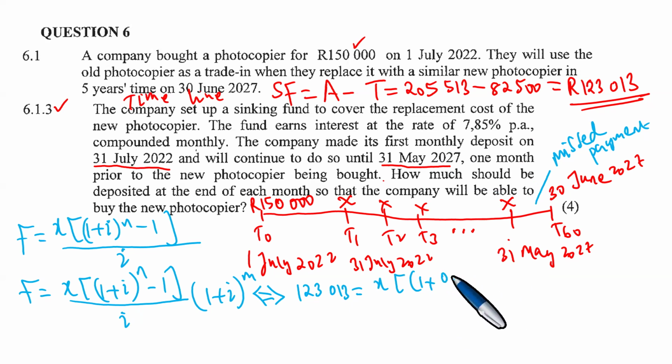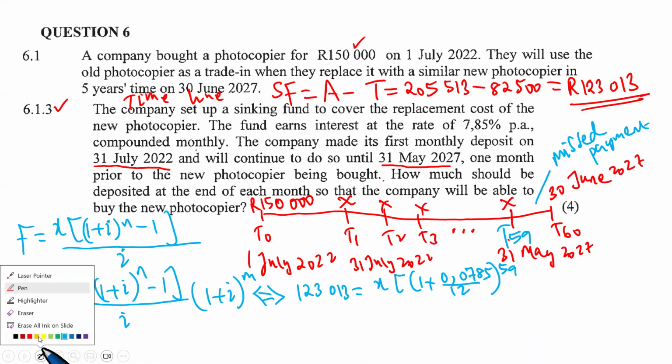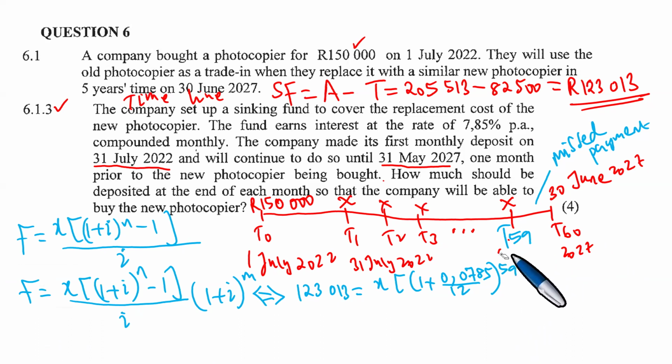It becomes exactly 0,0785 divided by 12, all raised to the number of the payments, because these are supposed to be T1, T2 up to T60, but they stopped just 1 month before. So if they stopped at 60 minus 1, they stopped at 59. So you're going to put exactly a 59 here.